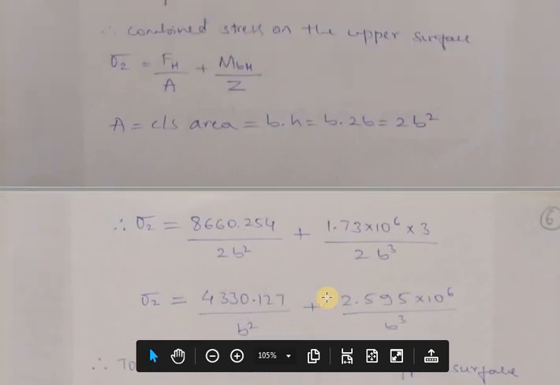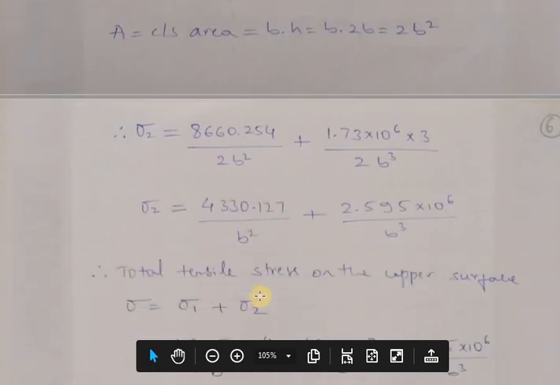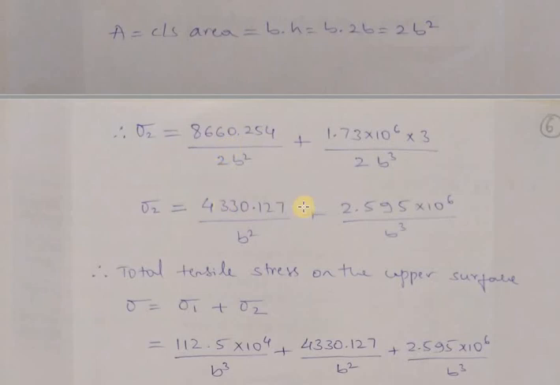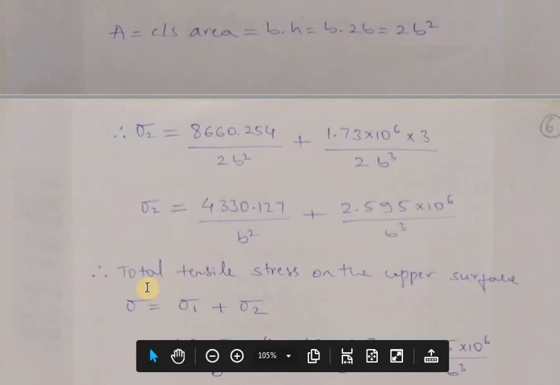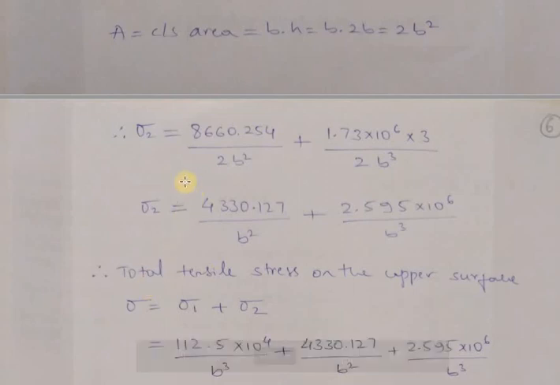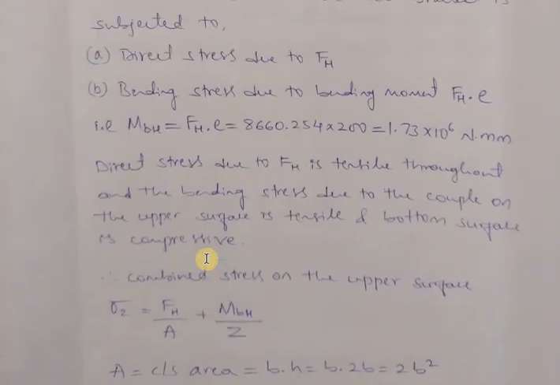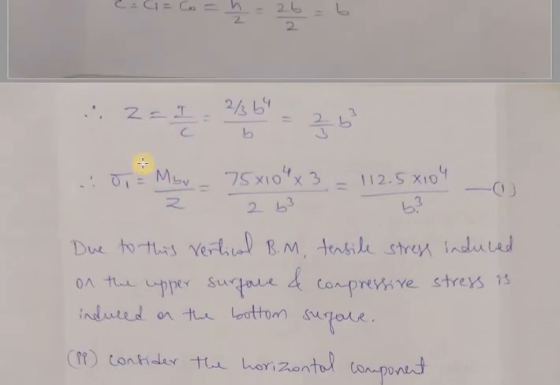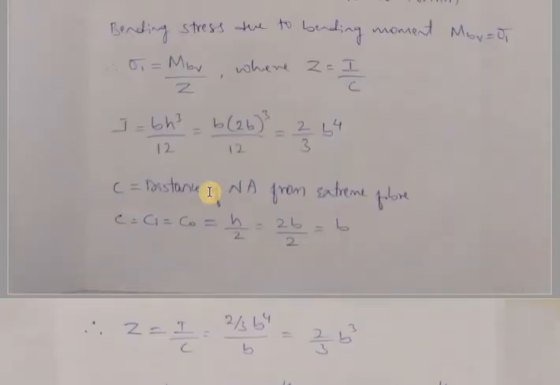We can write the combined stress on the upper surface sigma 2 is equal to 4330.127 divided by d square. Just cancelling these terms, we get these parameters. Now there will be two tensile stresses on the upper surface. One is due to this horizontal load and one due to this vertical load.